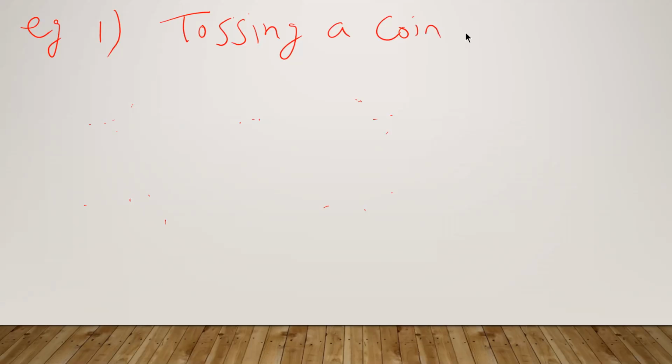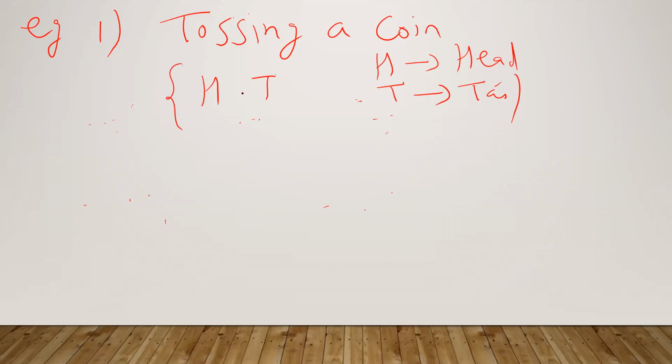You know that when you toss a coin, what will be the possible result? Either you will get head or you will get tail. If I denote head by H and by T I mean tail, then these are my possible outcomes, either H or T. I will write them in the form of a set, and this set I will call the sample space.